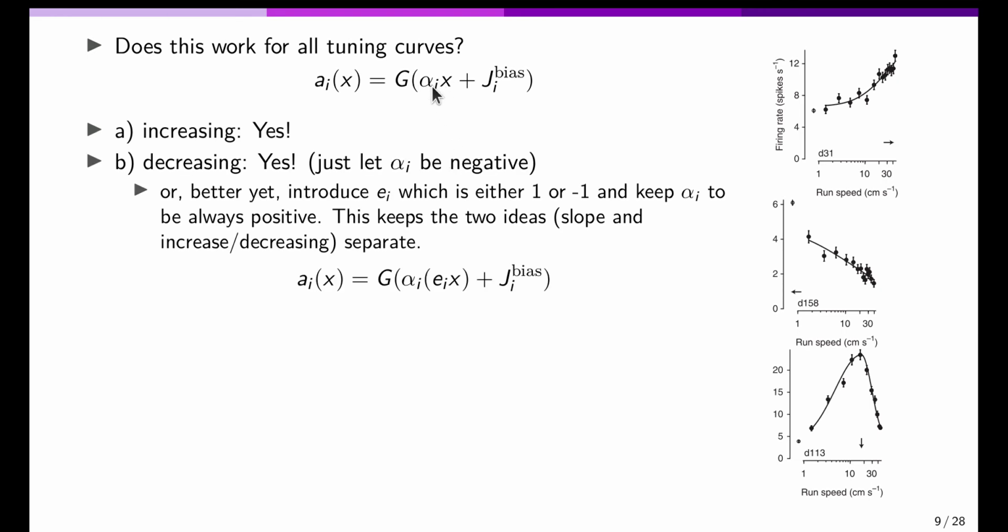There'd be two ways we could think about this. We could say, hold on, if this gain is negative, then X times that gain would be a negative number, and the bigger X gets, the more negative it would get, and so the neuron would fire less and less until it finally stops firing. We can kind of imagine that happening.